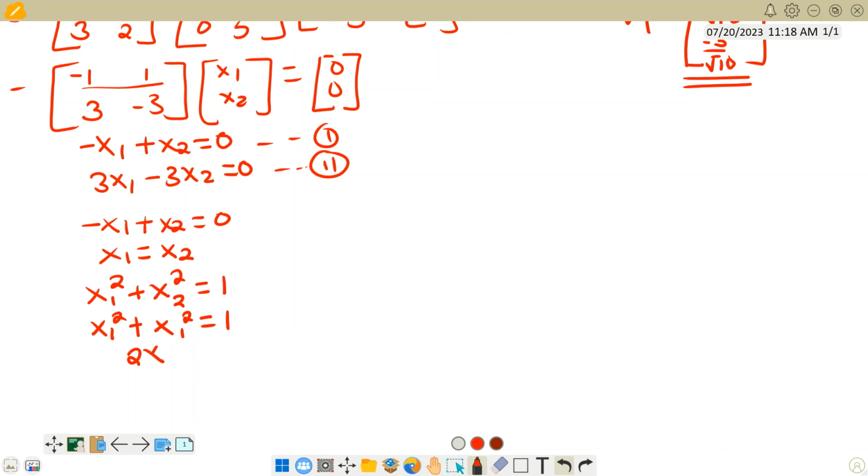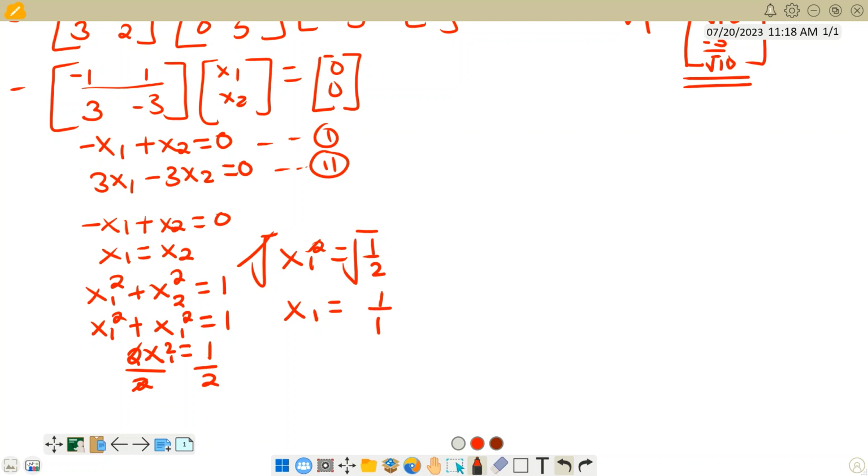So 2x1 squared is equal to 1. Dividing both sides by 2, you're saying that x1 squared is equal to 1 over 2. So we introduce a square root on both sides, so that x1 is just equal to 1 over the square root of 2. That's our x1.